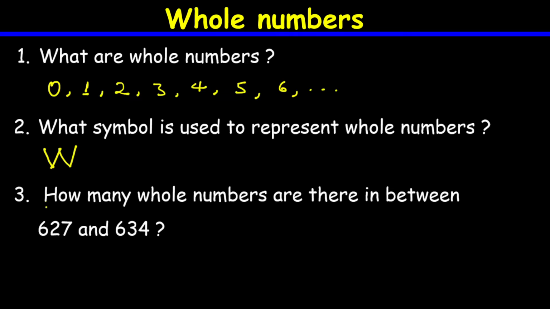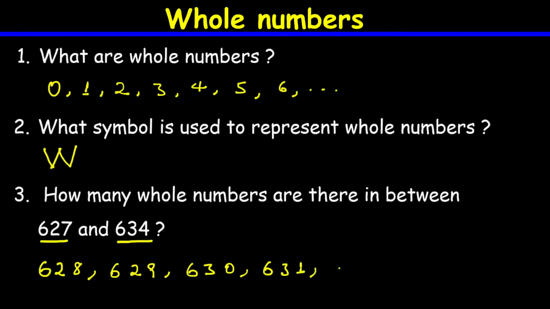Question number 3. How many whole numbers are there in between 627 and 634? First, let us list whole numbers in between 627 and 634. Whole numbers in between 627 and 634 are 628, 629, 630, 631, 632, and 633.